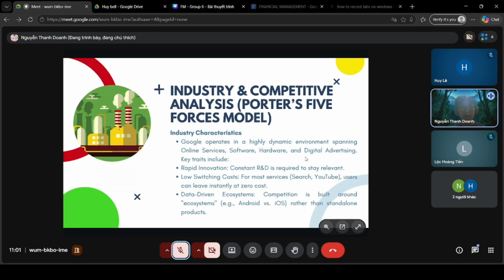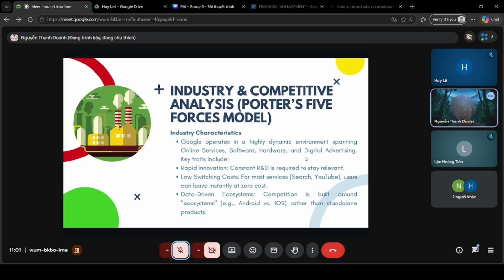So I'm Doanh, and we'll talk about the industry and competitive analysis. We can see it as a Porter's five forces model. The first one is the industry characteristics. Google operates in a highly dynamic environment spanning online services, software, hardware, and digital advertising.